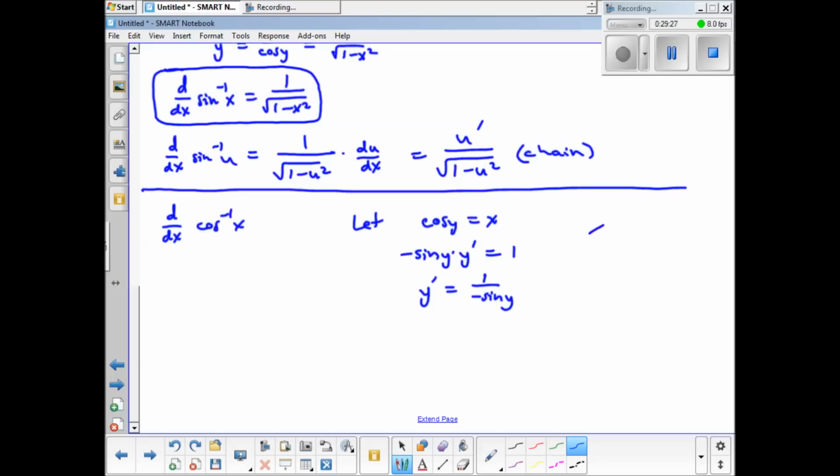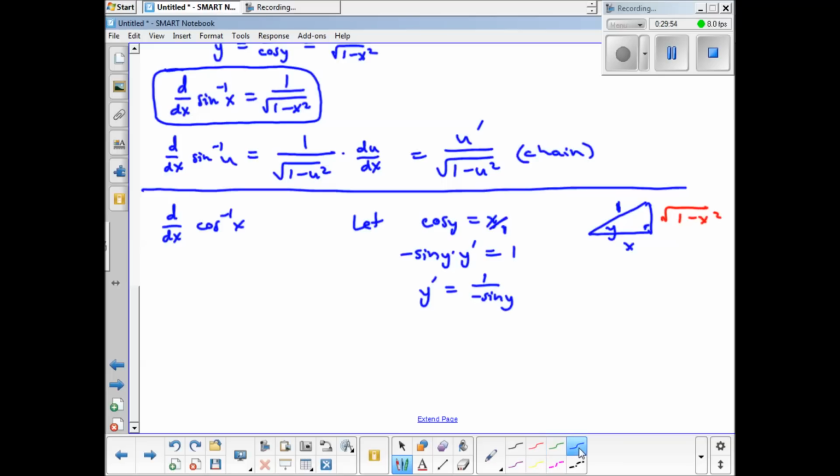Our drawing for cosine y equals x is a right triangle, where y is the angle, x is the adjacent, and 1 is the hypotenuse, excuse me. And our opposite this time is the root 1 minus x squared.